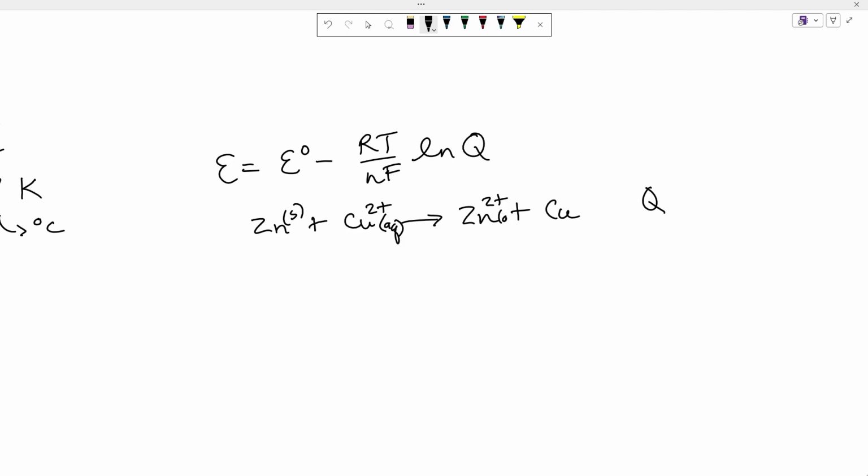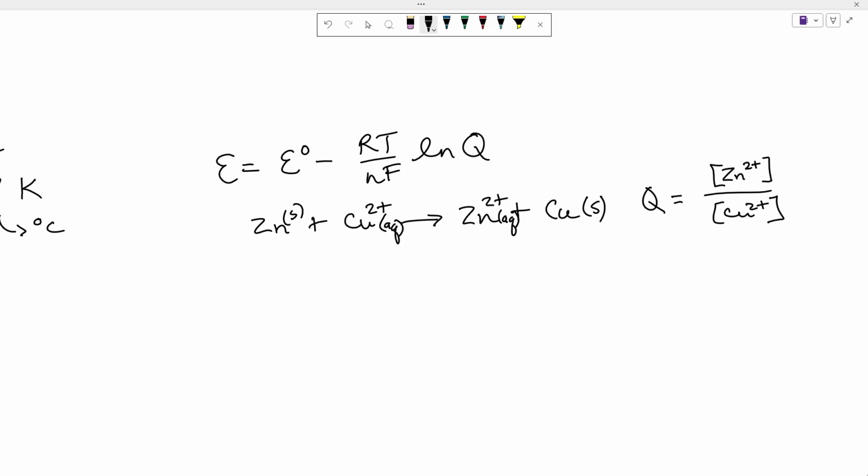Remember, some redox reactions have acid in them. Those would be in solution. H plus would be in solution. But just like K, we don't include solids. So it's products over reactants, the reaction quotient to the power of the coefficient. In this case, all the coefficients are 1. So it is simply zinc 2+ divided by copper 2+. That would be Q.